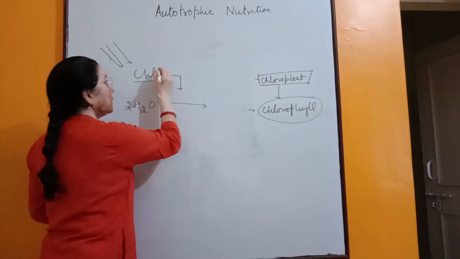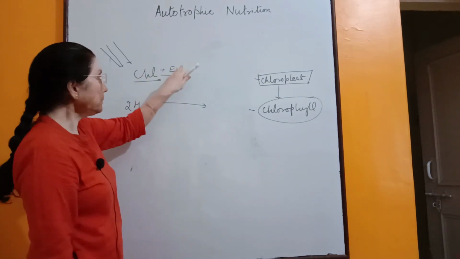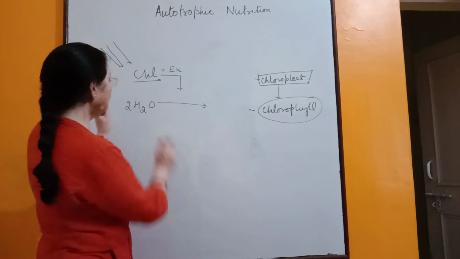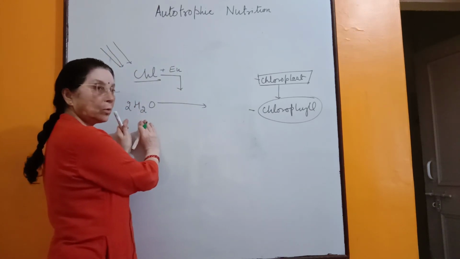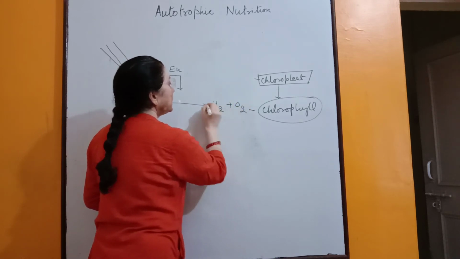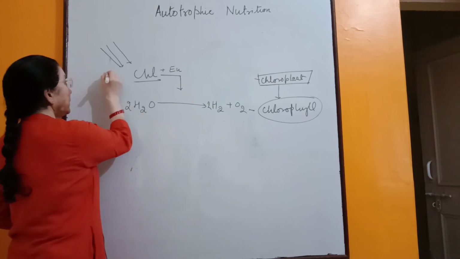The solar energy trapped by the chlorophyll molecule splits the water molecule into hydrogen and oxygen. This is the first step.